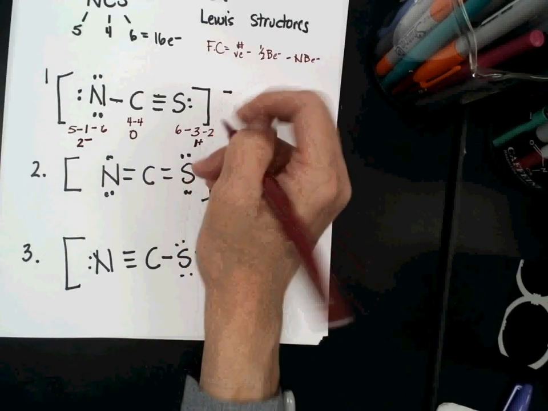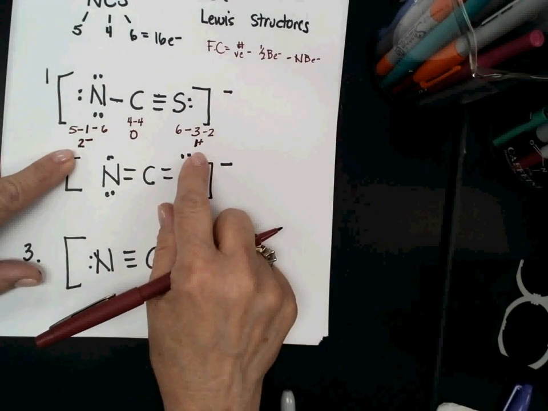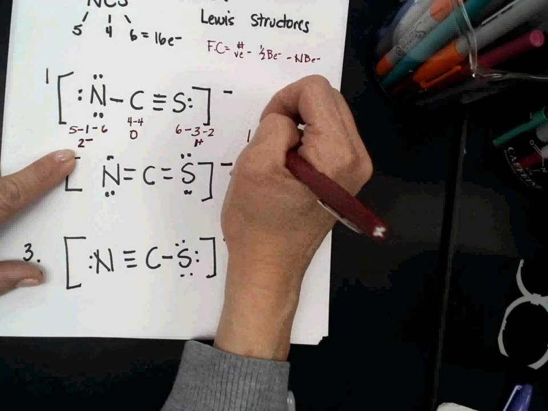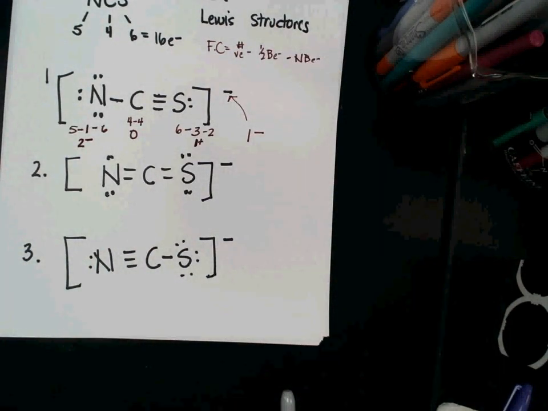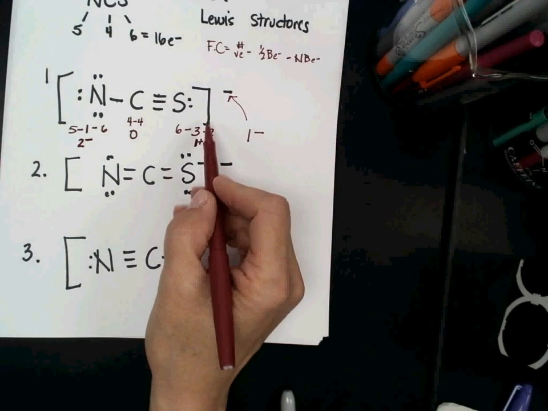A 2 minus plus a 1 plus gives me an overall 1 minus charge, which matches the charge of my polyatomic ion. Notice when I'm doing an ion, and we've done this before, we bracket them and give the charge.